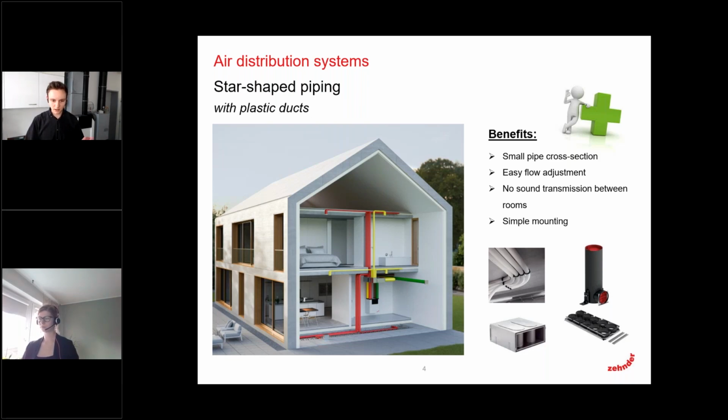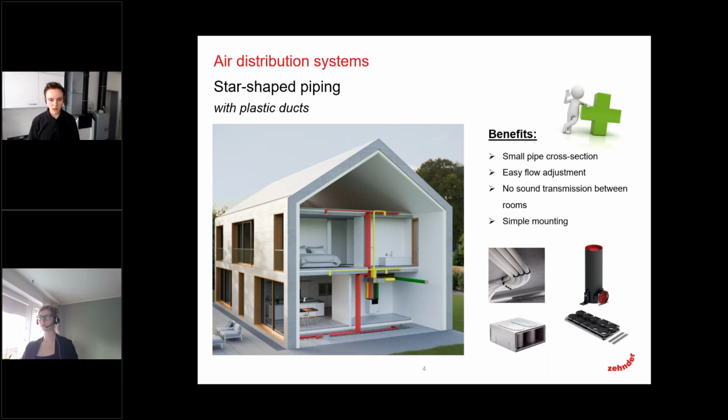So we are going room by room on it, not like the junction system where you go from room to room. And this has the effect that you get a small pipe cross section because you have lower volume flows in each pipe. And this is very useful for residential purposes because you want to hide the ducts in the ceiling, in the floor, or even in the walls.